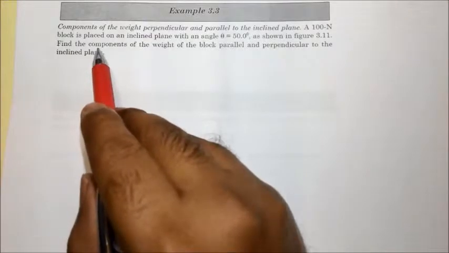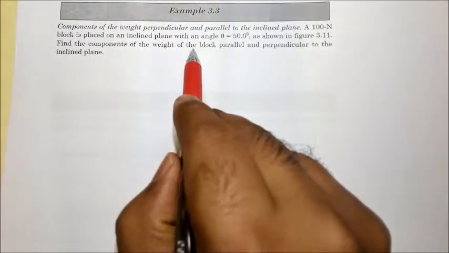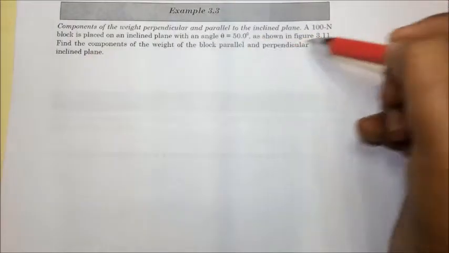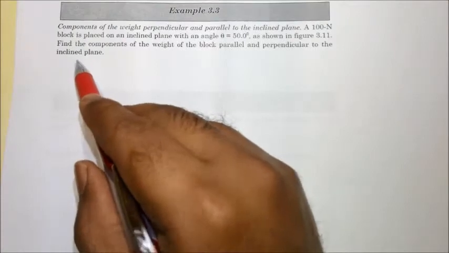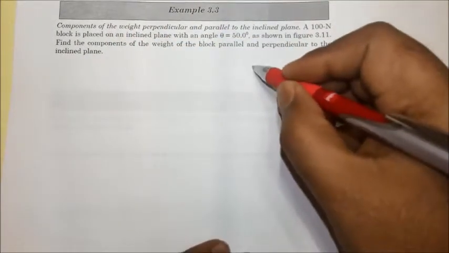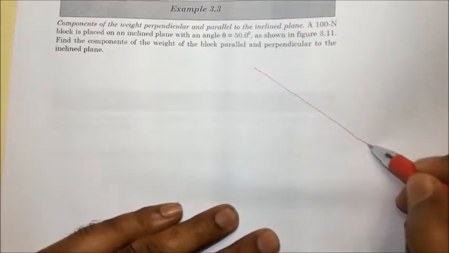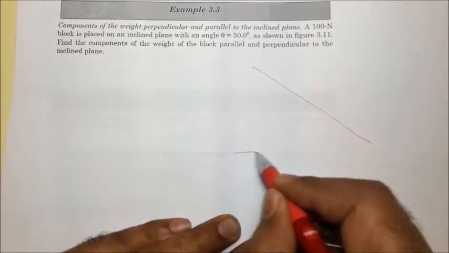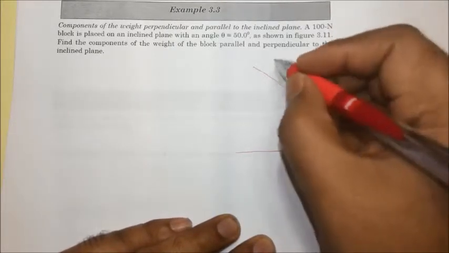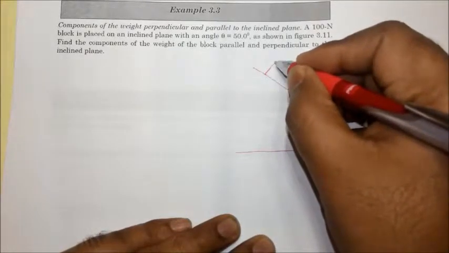Find the components of the weight of the block parallel and perpendicular to the inclined plane. So what you have is an inclined plane, and on this inclined plane there is a block.